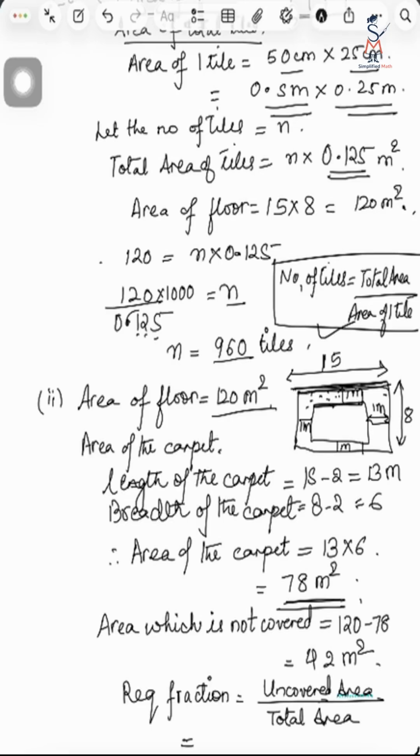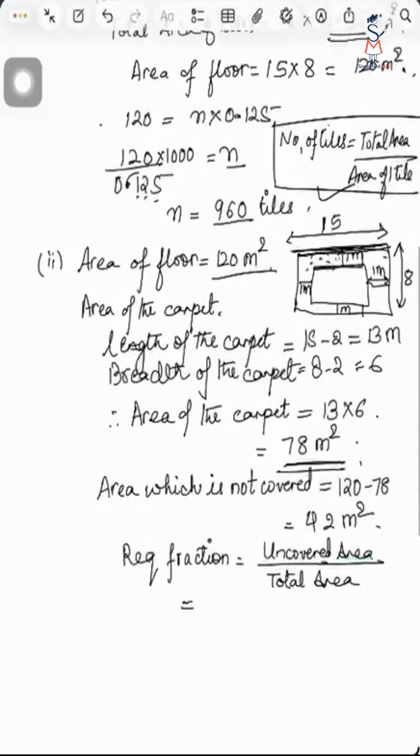Uncovered area is 42 and total area is 120. Fine. So this will become 6 7s are 42 and 6 20s are 120. So what is the required fraction? 7 by 20. As it is a fraction, it will have no unit.